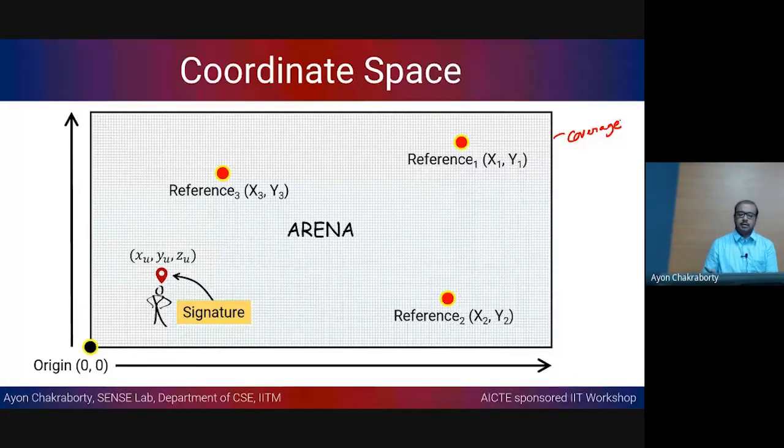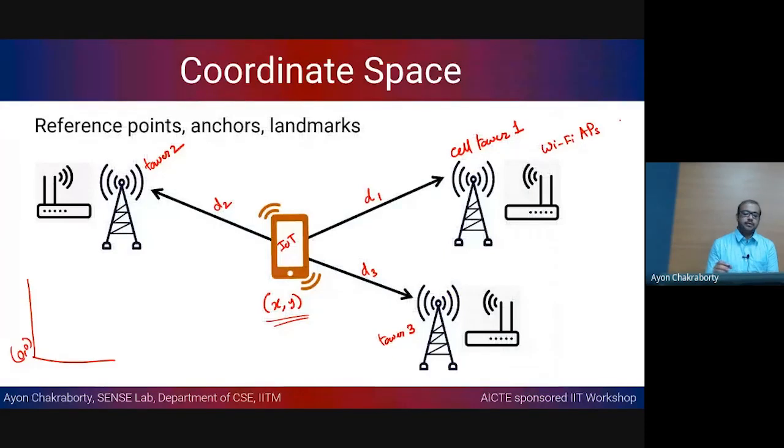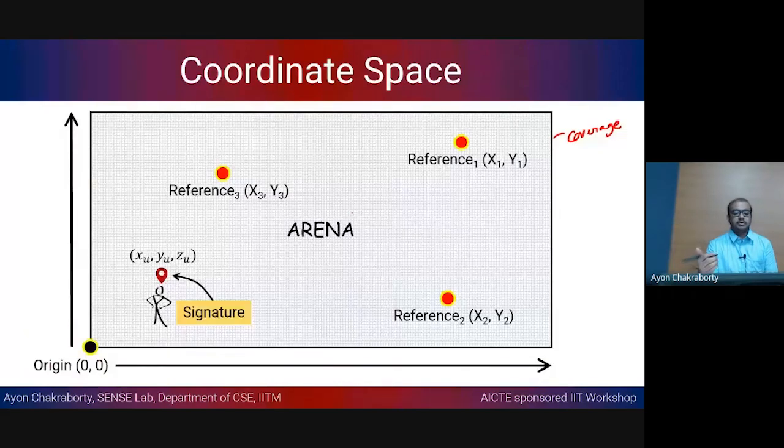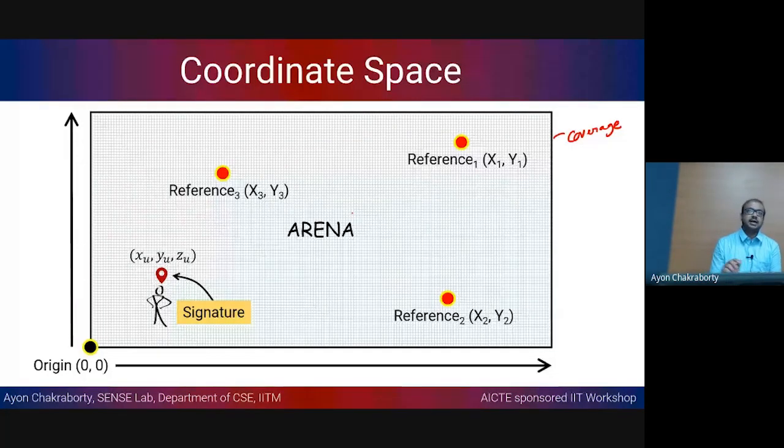So, in the previous slide I have shown you how you can use different analytical methods where you have an estimate of the distances from several different cell towers and so on, right. There would be another way, particularly using machine learning, where we try to get the signature of these reference points at a certain location.